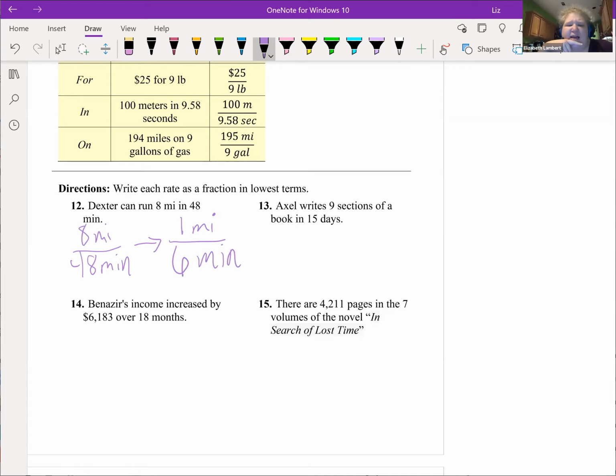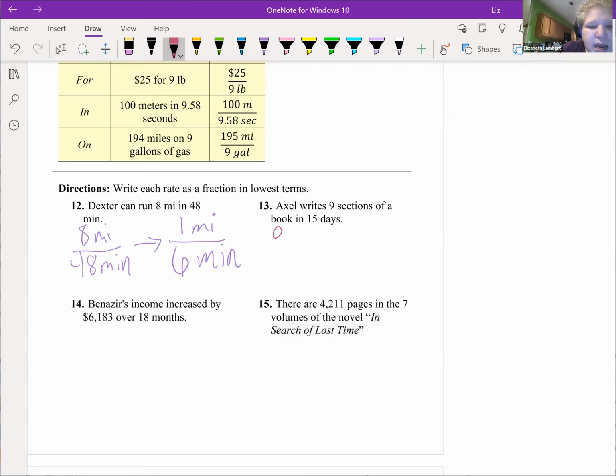Number 13, Axel writes 9 sections of a book in 15 days. Damn, I hope sections are big. All right, so they told us sections first, so we'll go with that on top.